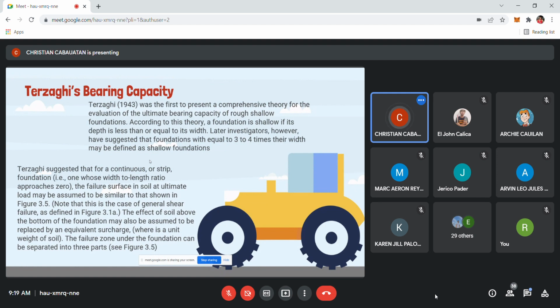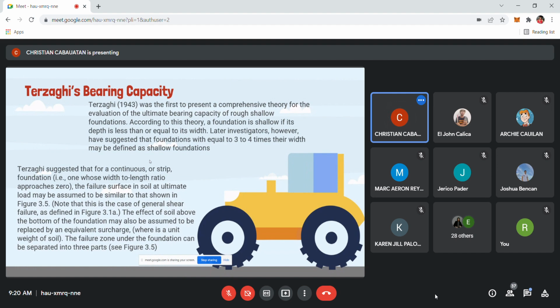Note that this is the case of general shear failure as defined in 3.1a. So the effect of soil above the bottom of the foundation may also be assumed to be replaced by an equivalent surcharge q = γDf, where γ is the unit weight of soil. No? So the failure zone under the foundation can be separated into three parts.